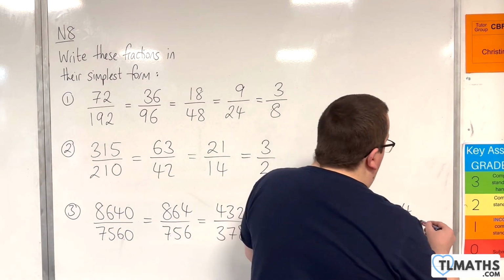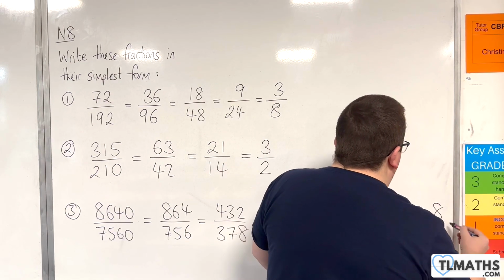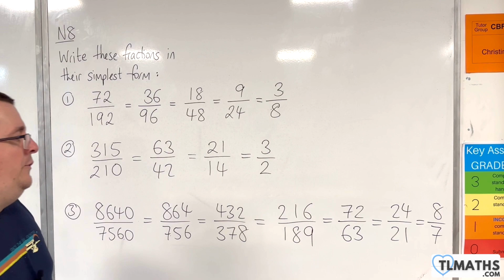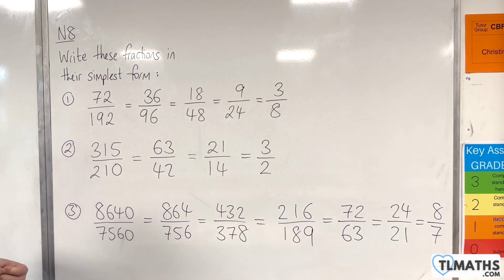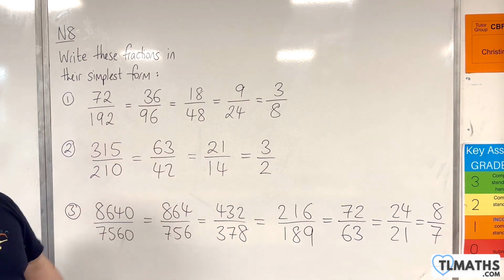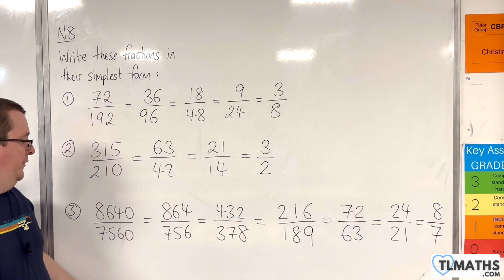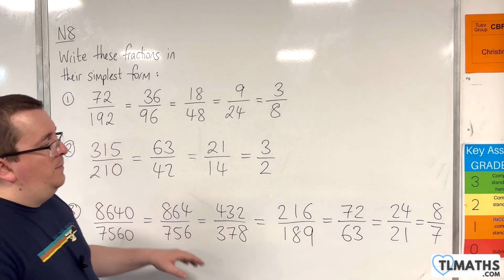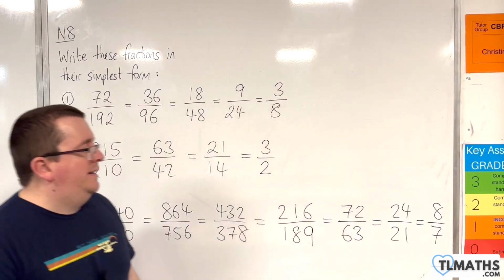So 24 divided by 3 is 8, and 21 divided by 3 is 7. So 8/7. And that is as far as I can go, because the highest common factor of 8 and 7 is 1. So 8,640 over 7,560 simplifies to 8/7.